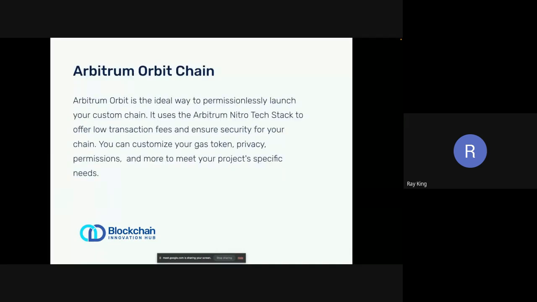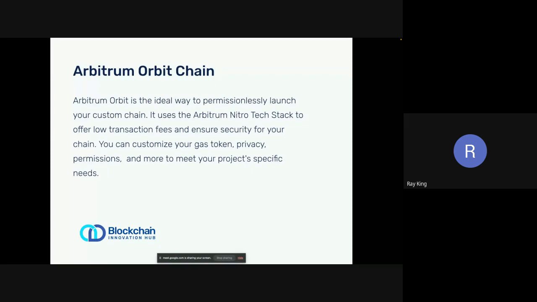Okay, moving on. We'll be looking at the Arbitrum Orbit chain. It is an ideal way to launch your custom chain. So for those of us that want to experiment and launch your individual custom chain, Arbitrum Orbit is a solution that helps you to do that. It uses the Arbitrum Nitro tech stack to offer low transaction fees, and it also provides security for your chain.